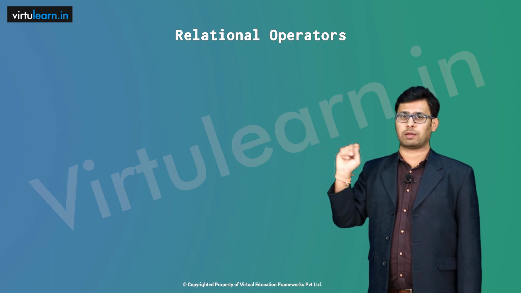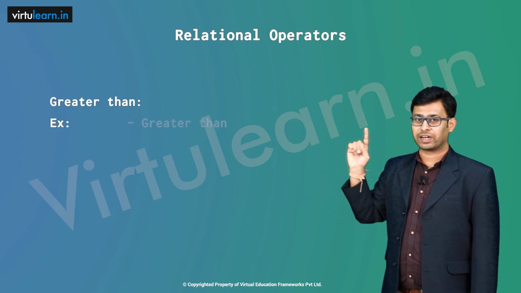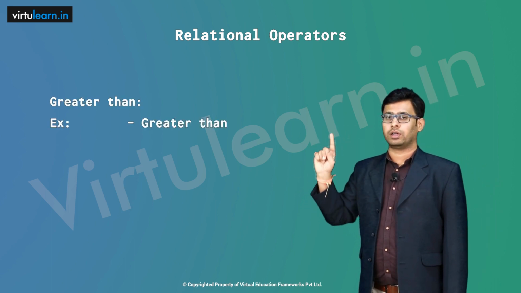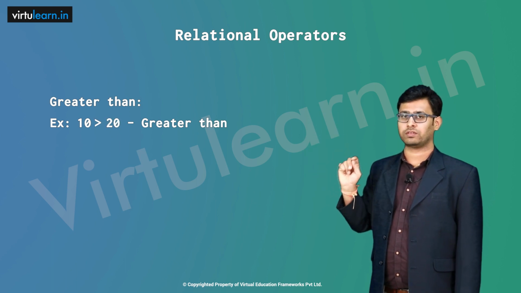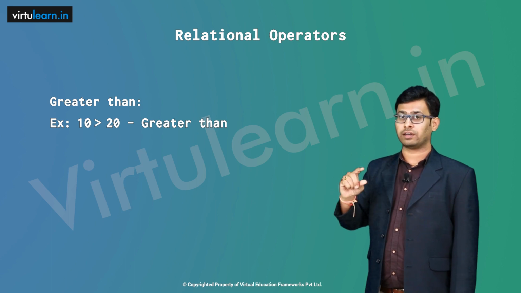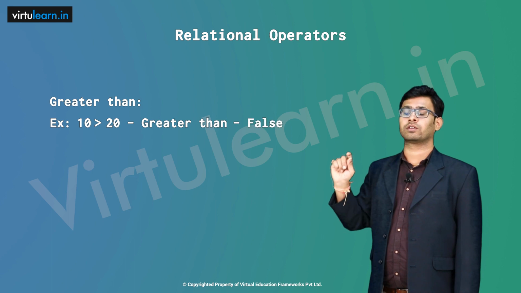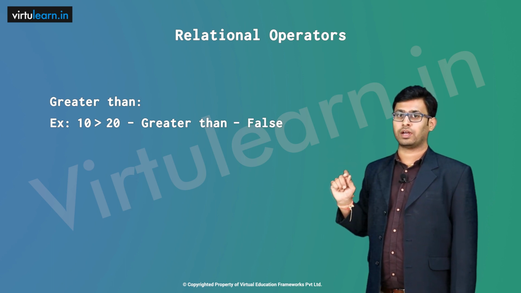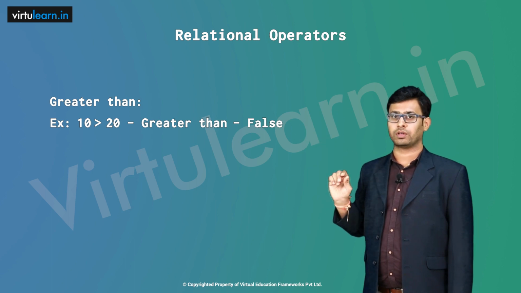Let us take some examples, starting from the first one, the greater than sign. Is 10 greater than 20 true or false? The result is false, as 10 is smaller than 20.